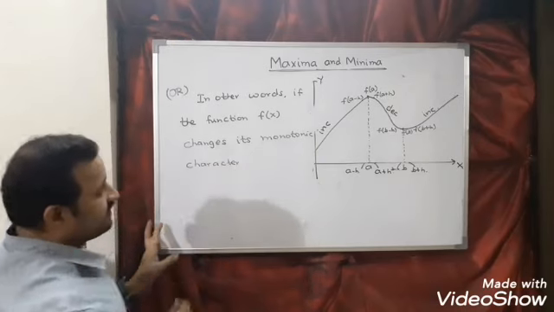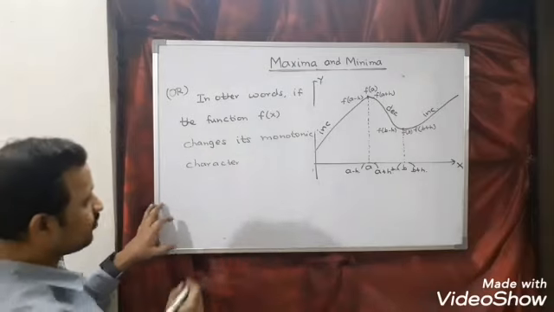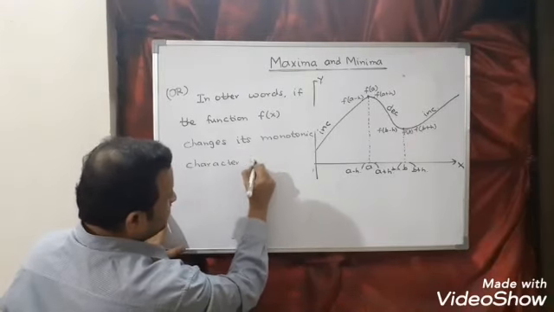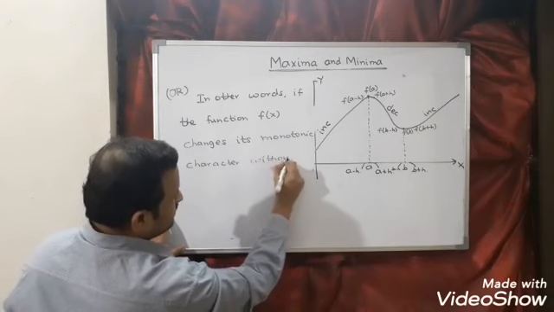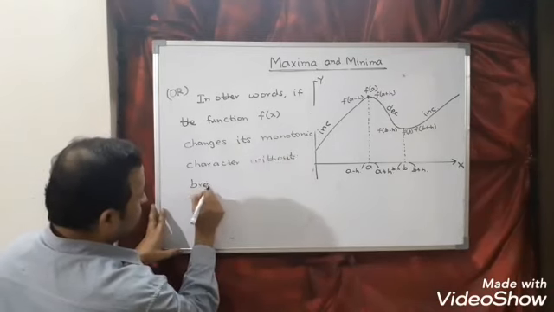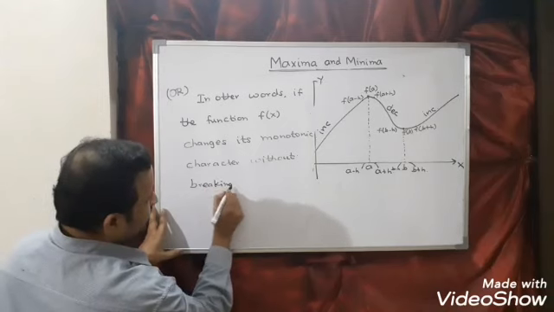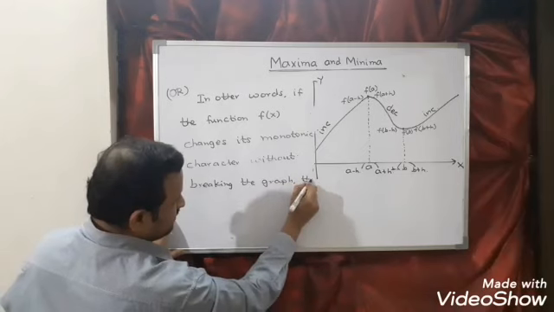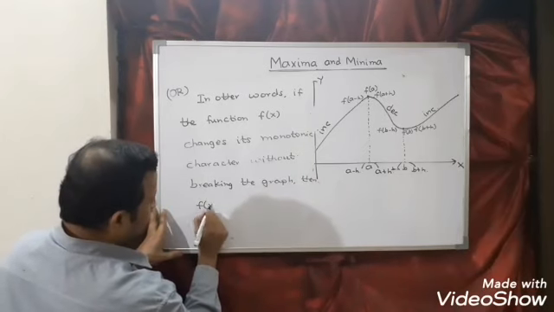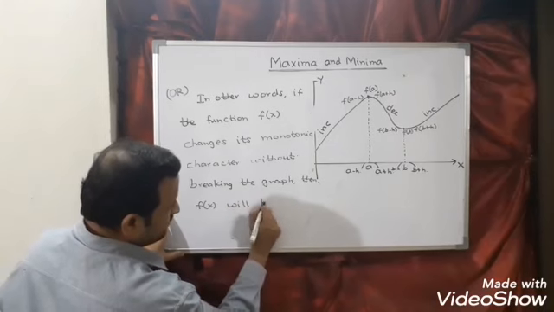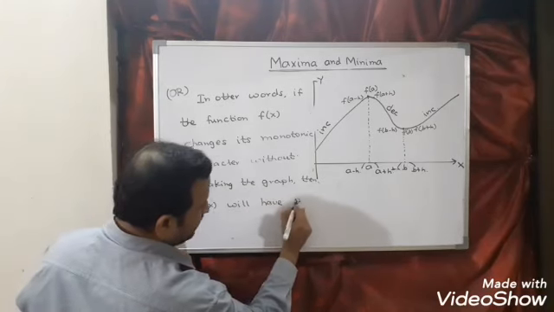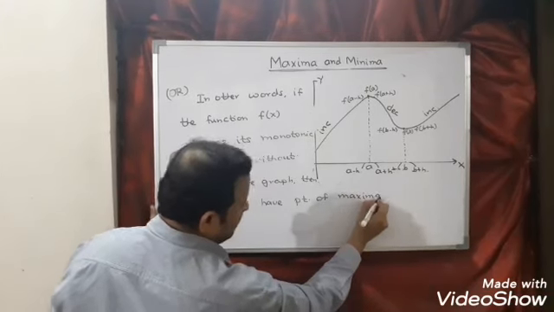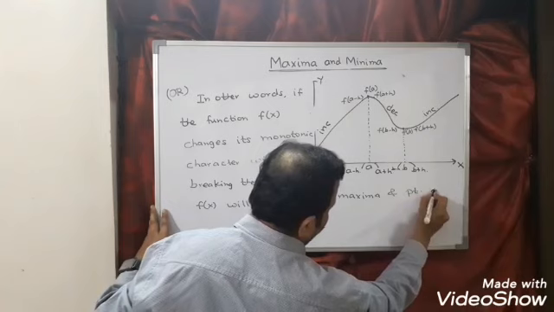In other words, if the function f of x changes its monotonic character, or I can say without breaking the graph, then f of x will have a point of maxima and a point of minima.